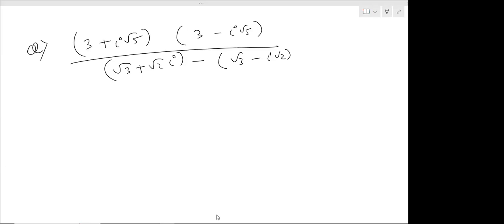Is i root 2 the same as root 2 i? Yes, root 2 i and i root 2 are equivalent.